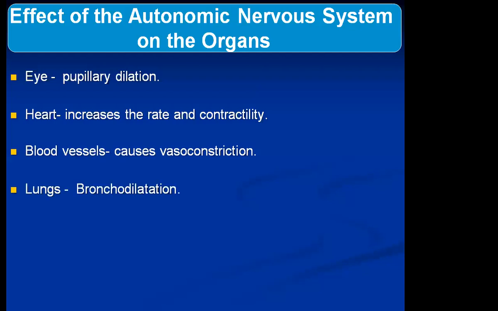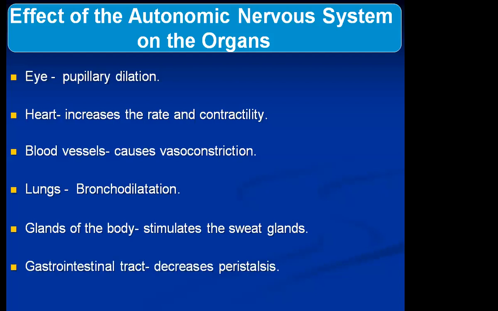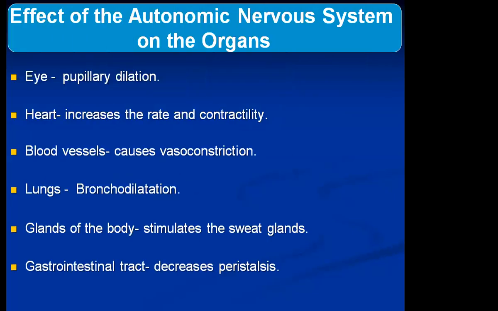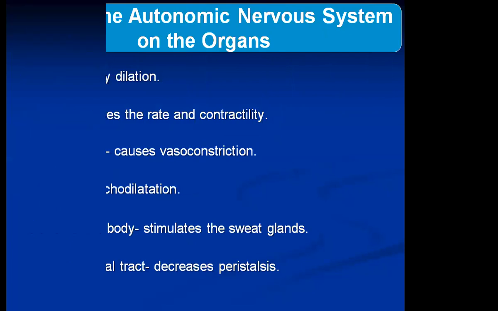On lungs, they cause bronchodilation. So in status asthmaticus, that means a severe case of asthma, it can be used in a very graded manner. It stimulates the sweat glands. On the gastrointestinal tract, it decreases the peristalsis. So I will not go too much into the details of adrenal medulla. It will be covered in the other lectures on CNS.